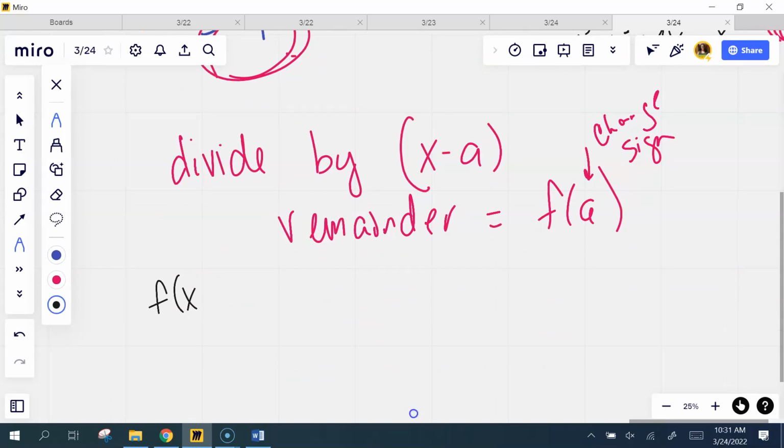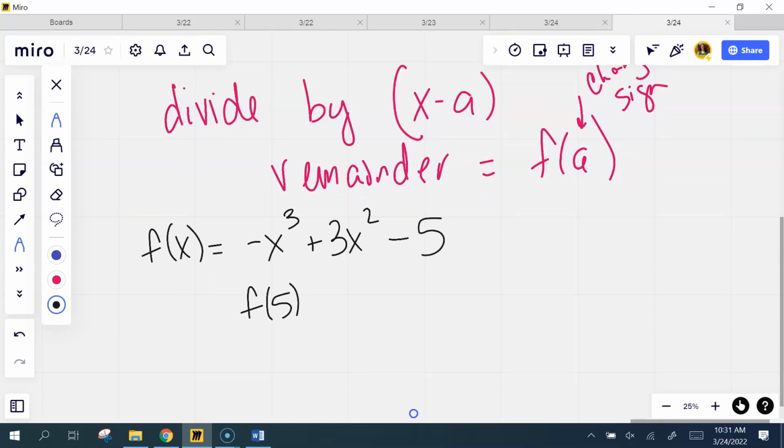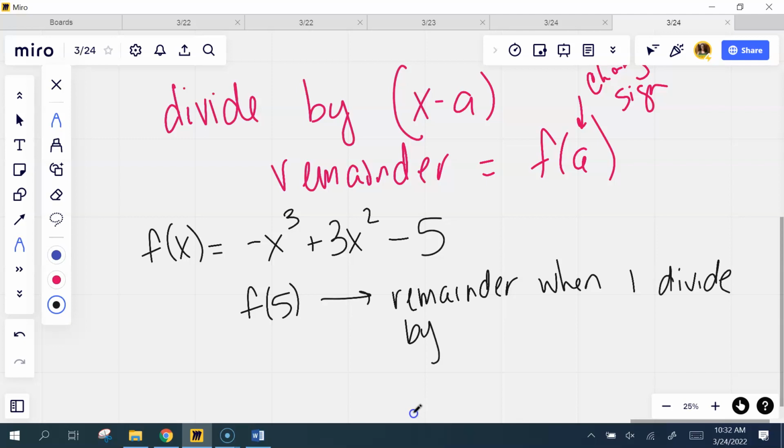If I've got f of x equals negative x cubed plus 3x squared minus 5, and I want to find f of 5, and I don't want to just plug it in, I want to use synthetic division. F of 5 is going to be the remainder when I divide by x minus 5.